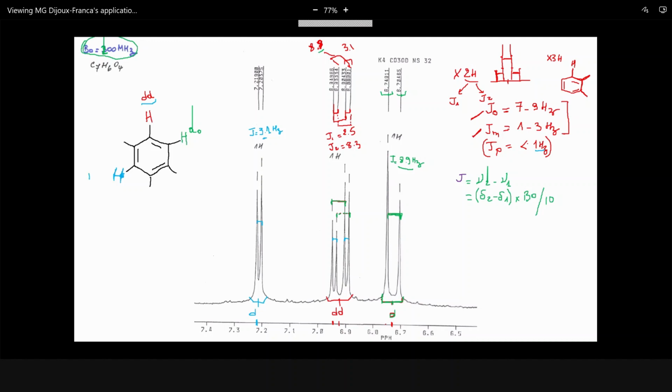Okay? And the blue one is far from 1, 2, 3, 4 bonds from the red one. Then this is a coupling meta value. Okay? Everyone? Okay.